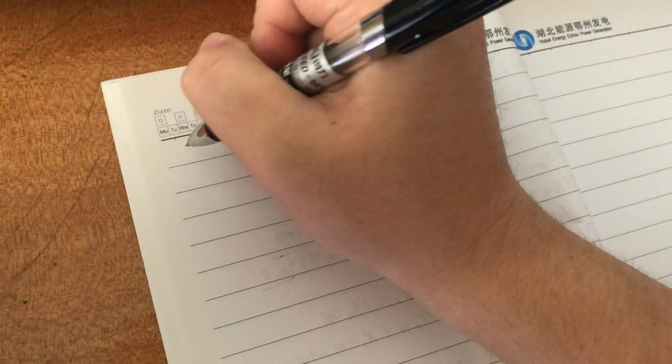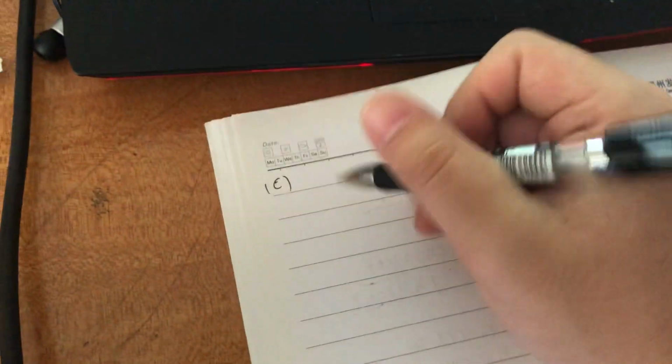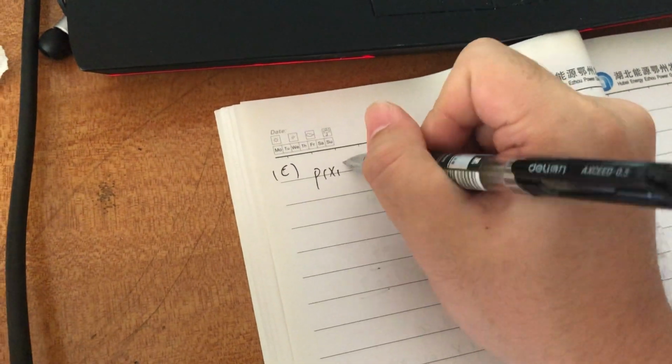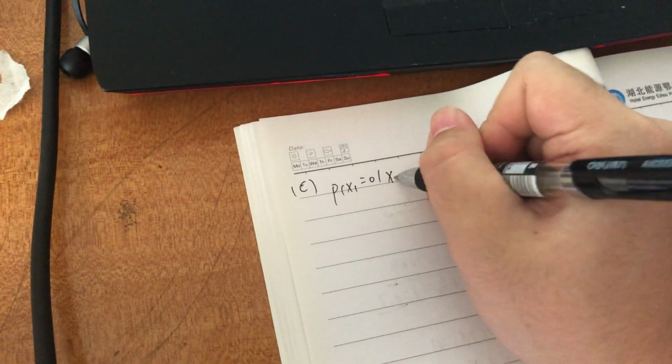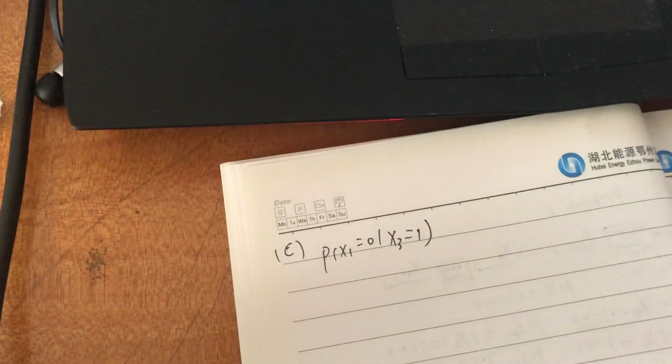Okay, let's do the third one. The third one, we need to find the probability x1 equal to 0 when x3 equal to 1.